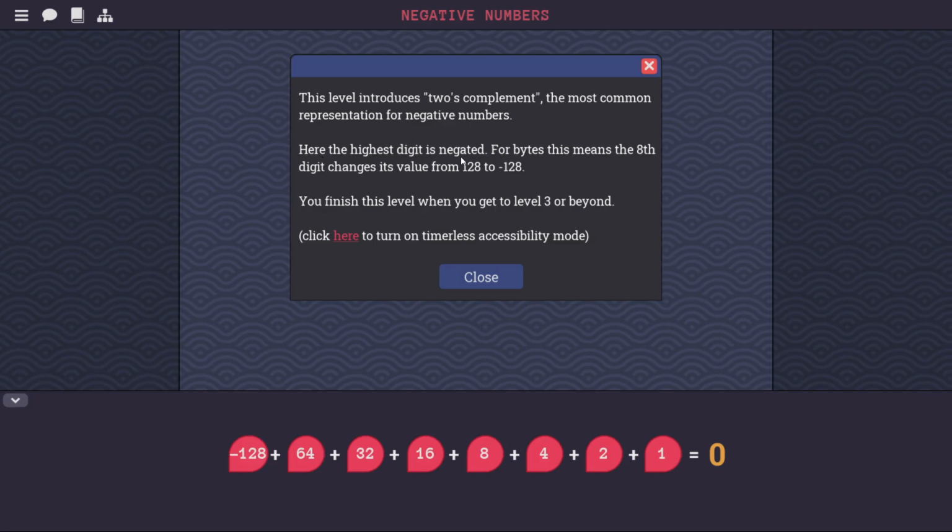Here, the highest digit is negated. For bytes, this means the 8th digit changes its value from 128 to negative 128. You finish this level when you get to level 3 or beyond.